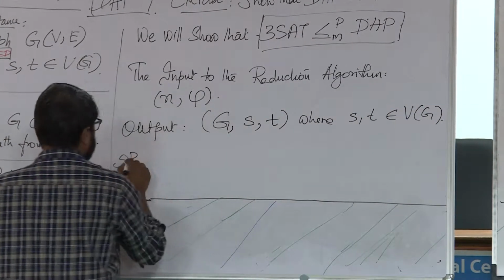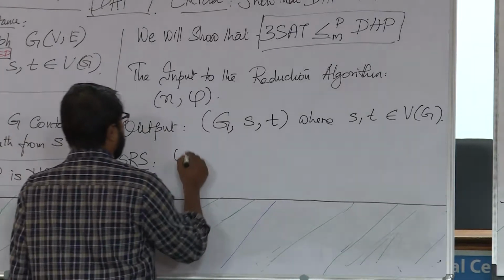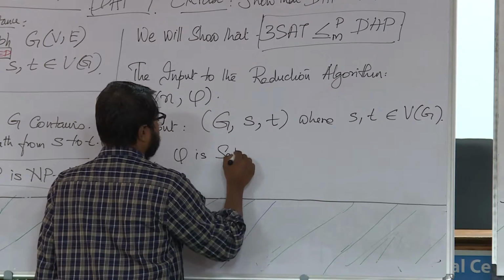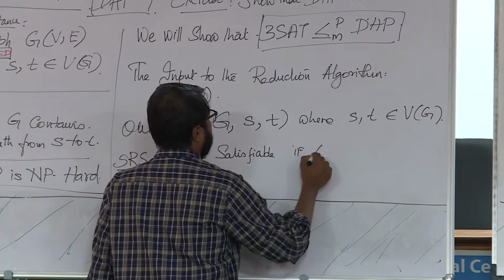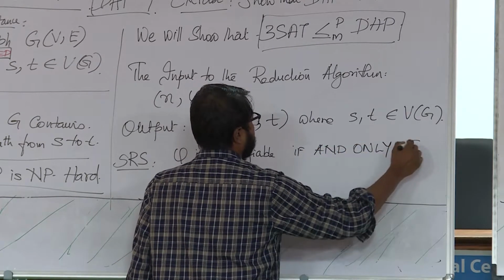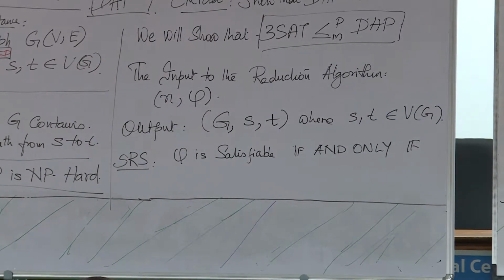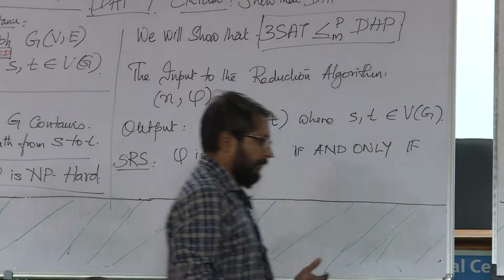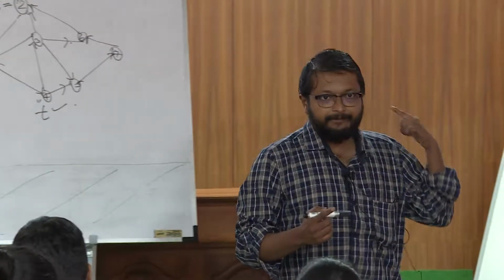And what is your requirement specification? If phi is satisfiable, then G should have a directed ST Hamiltonian path, and if G has a directed ST Hamiltonian path, then phi should be satisfiable.